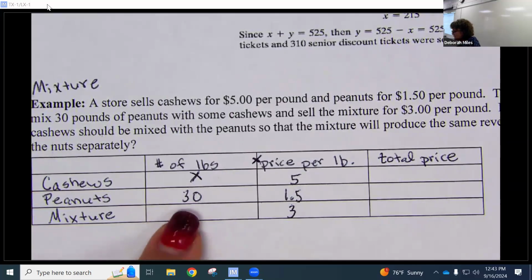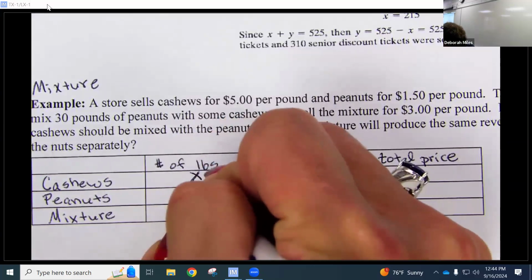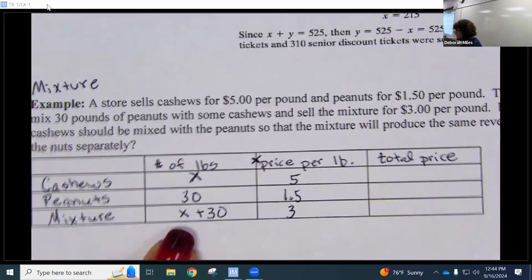Let's say I had 40 pounds of cashews and 30 pounds of peanuts. How much would be in the mixture? And how'd you get that? You add it. So if there are X pounds of cashews and 30 pounds of peanuts, how many pounds are in the mixture?